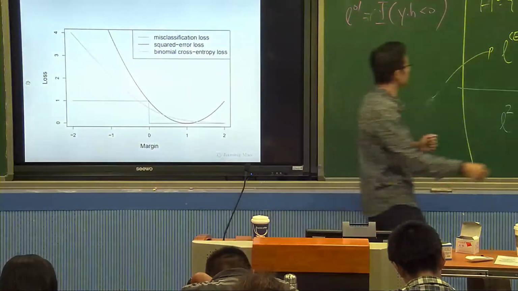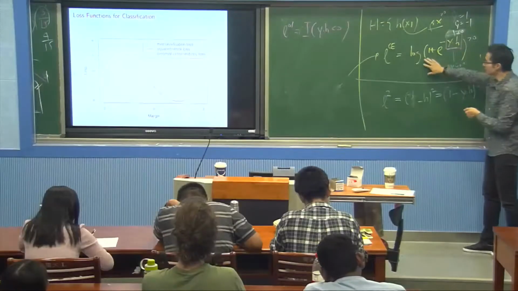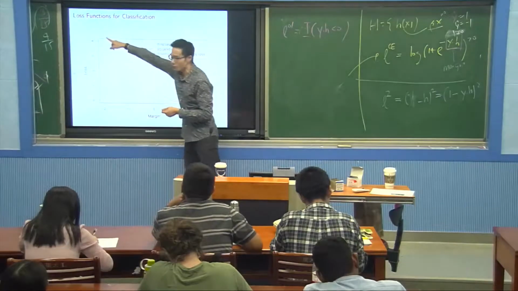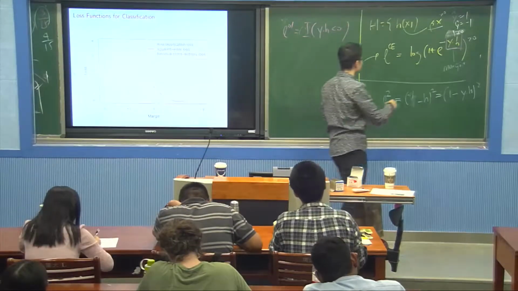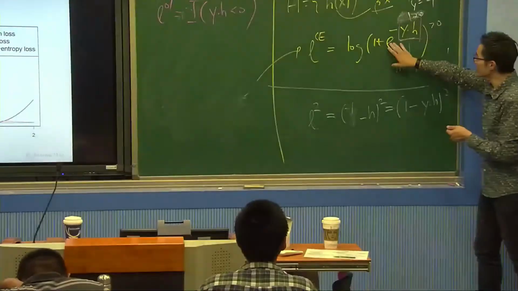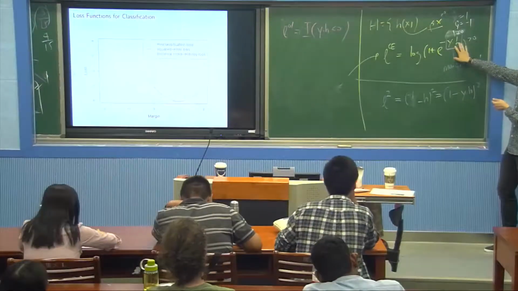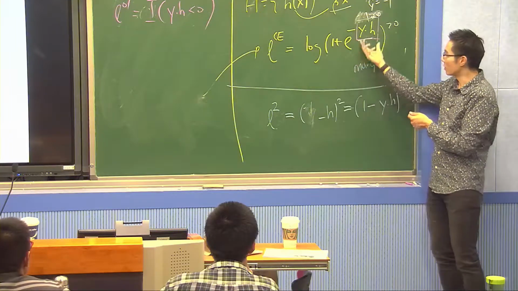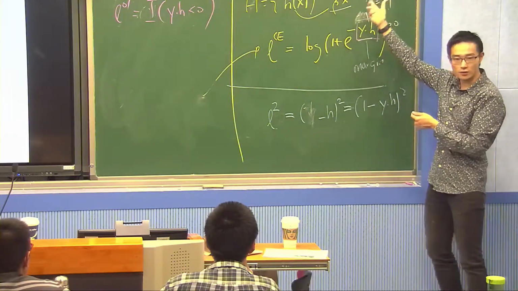If we plot this cross entropy loss function on this graph, it looks like this one. Why? Because it's the exponential of the negative of the margin. The larger the margin, the smaller the loss. The smaller the margin, the more negative, the larger the loss function.